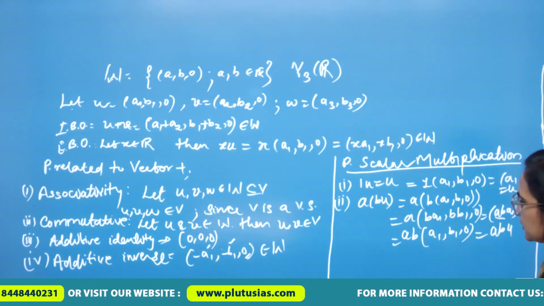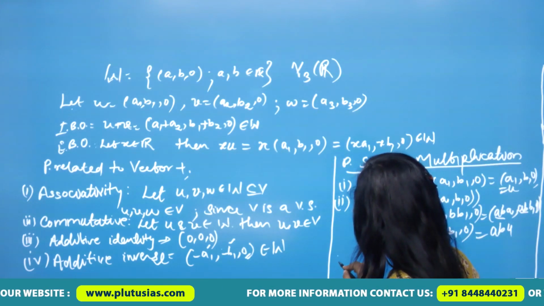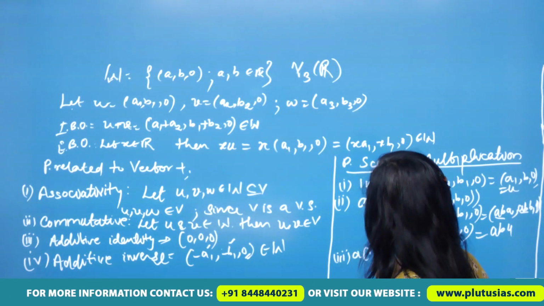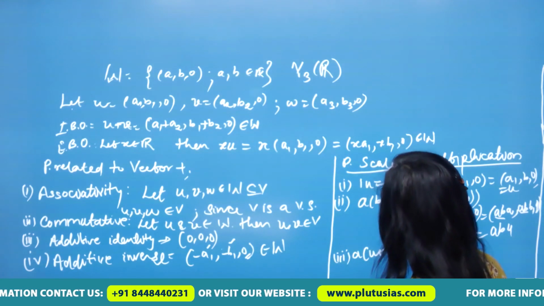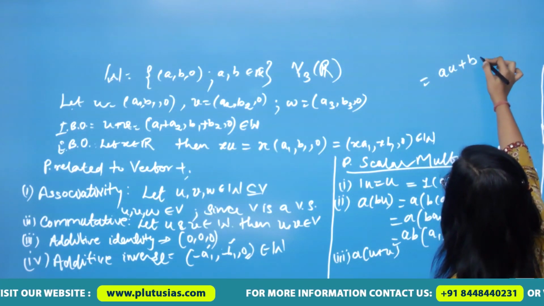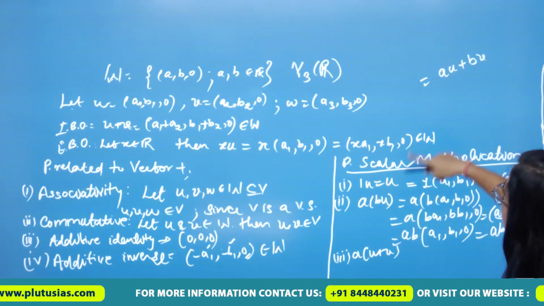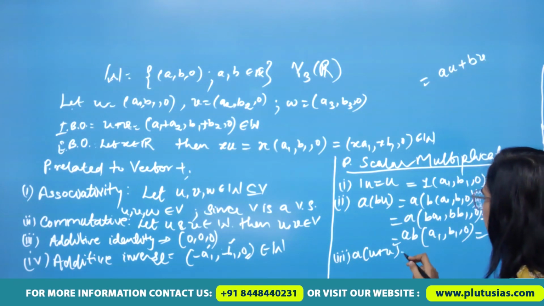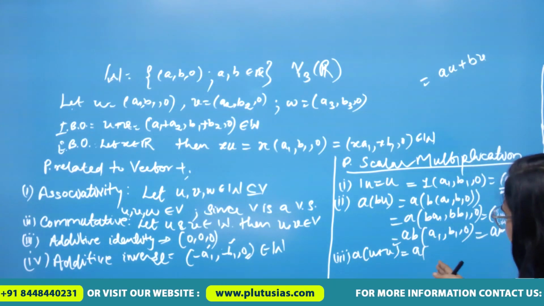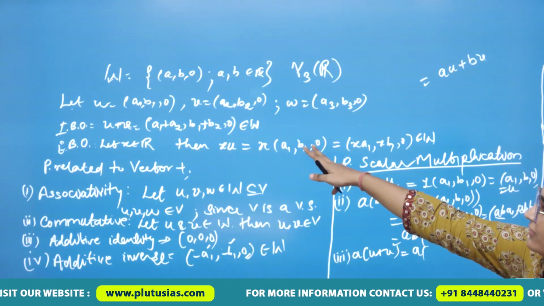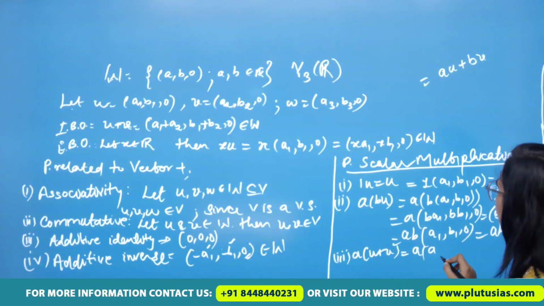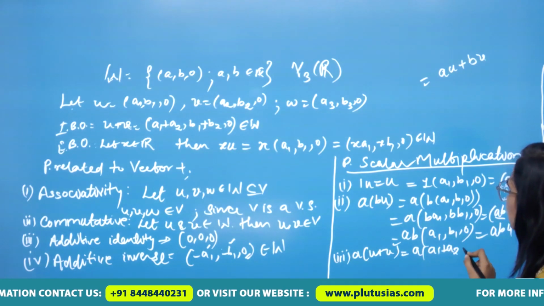Third property, a into u plus v, and we need to prove this should be equal to au plus av, right? We will start with this, we will reach that. Due to the limited space, I will add there only u plus v. Tell me the addition, what will be the resultant? a1 plus a2, right?